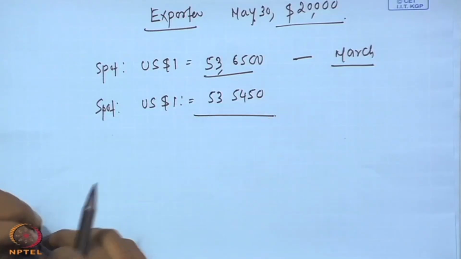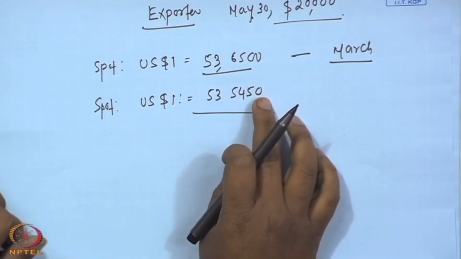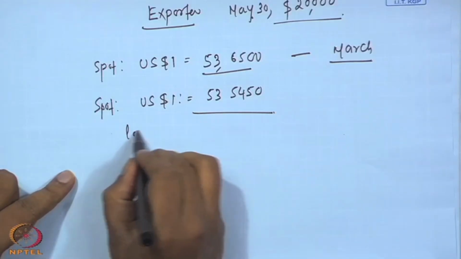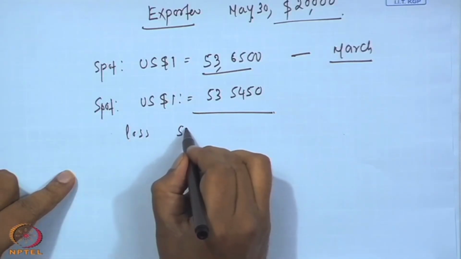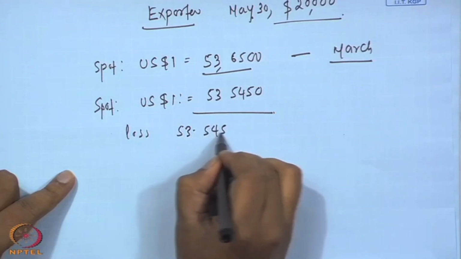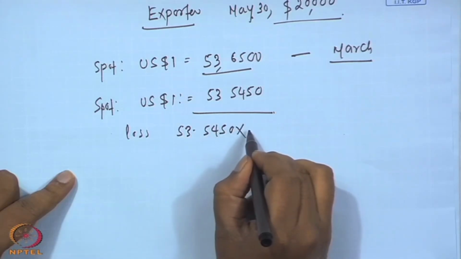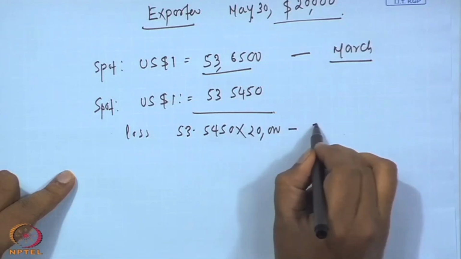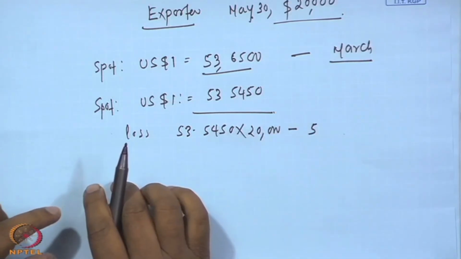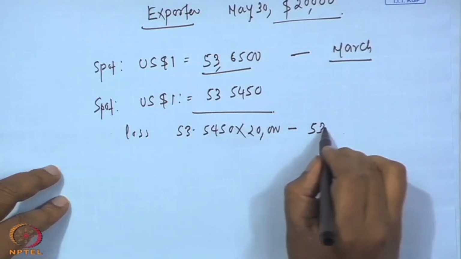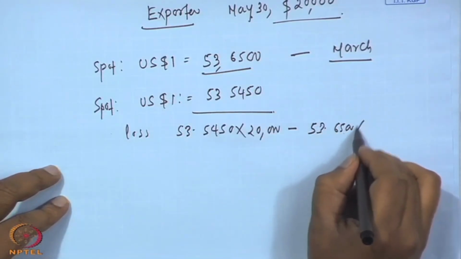The exporter's loss will be 53.5450 into 20,000 minus 53.6500 into 20,000.